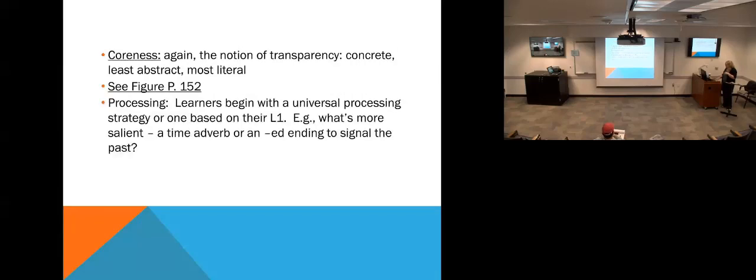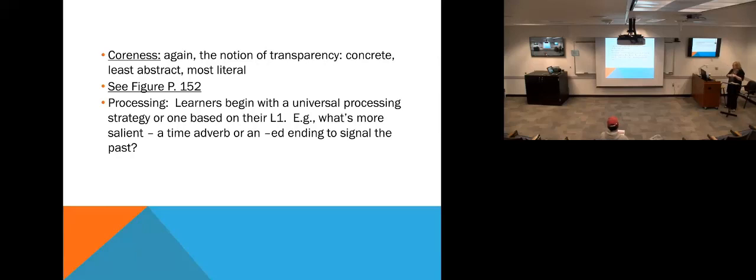All right. This idea of coreness, again, this is something that's going to come up with your second data analysis. So just a sort of FYI hint. Again, it's the notion of transparency.